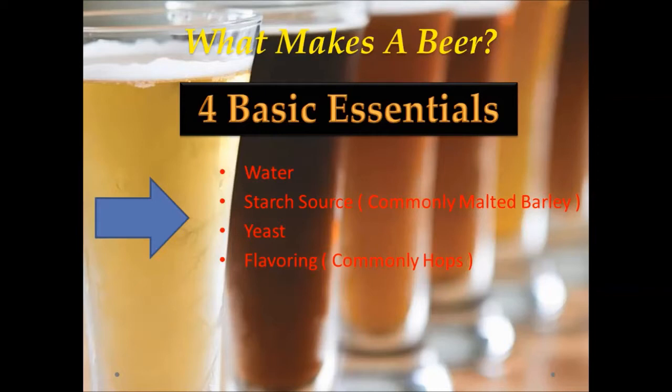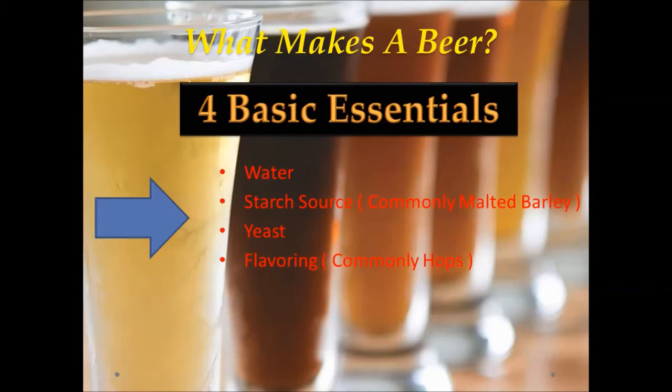Commonly nowadays it's malted barley. Some use rice, some use corn, as we know. But you have to have that starch from which the sugar is drawn to be fermented. And that's actually handled by the yeast. Depending on what type of yeast you use, it gets in there, eats the sugars, and that leads to the fermentation and the creation of the beer.